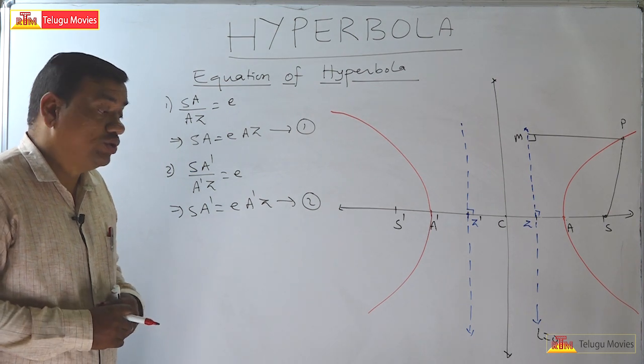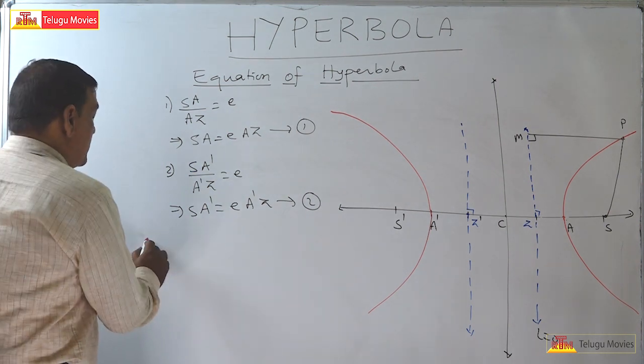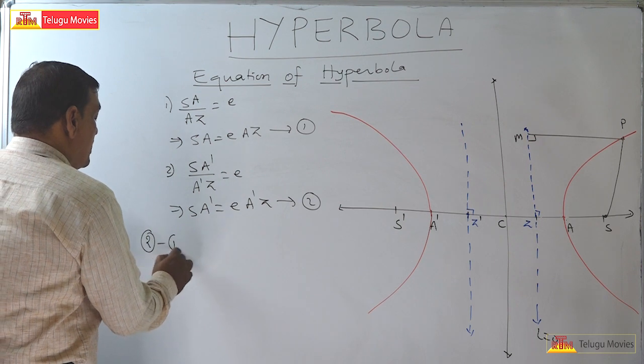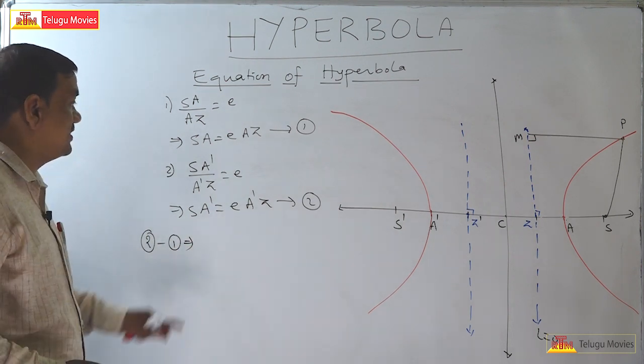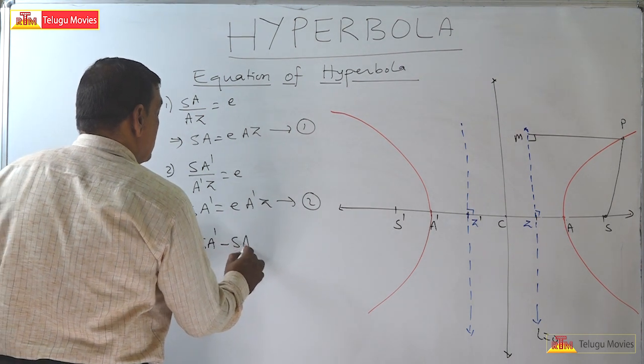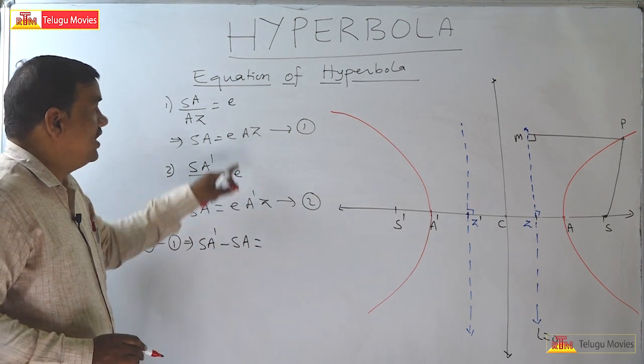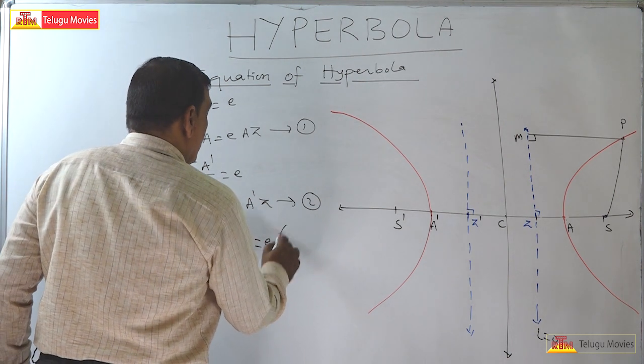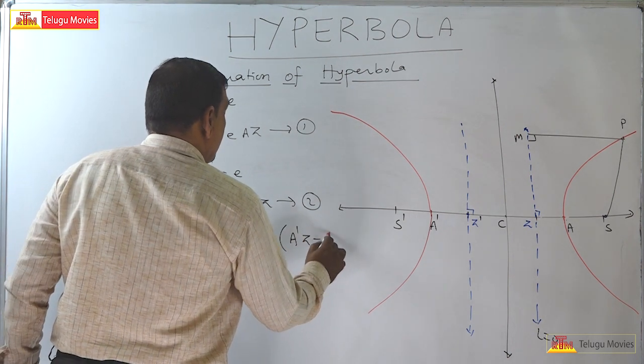Now I am going to take the second equation minus the first equation. Let us see what happens. SA dash minus SA is equal to E, taking E common outside, times A dash Z minus AZ.